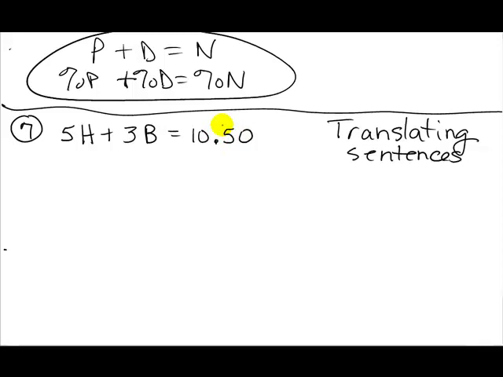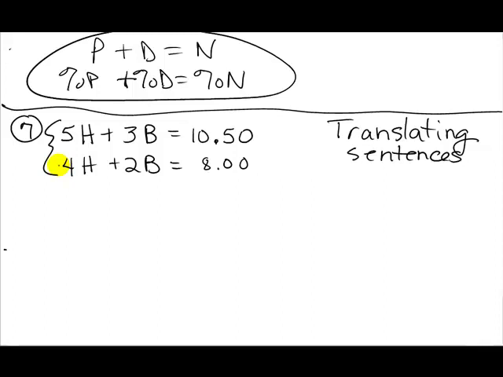Again, if you drop it, just keep in mind that if they ask for the cost, you're giving it in dollars and cents. Another customer buys 4 hot dogs and 2 bags of chips for $8. So this becomes our system. Again, substitution doesn't work well here. We want to do addition.